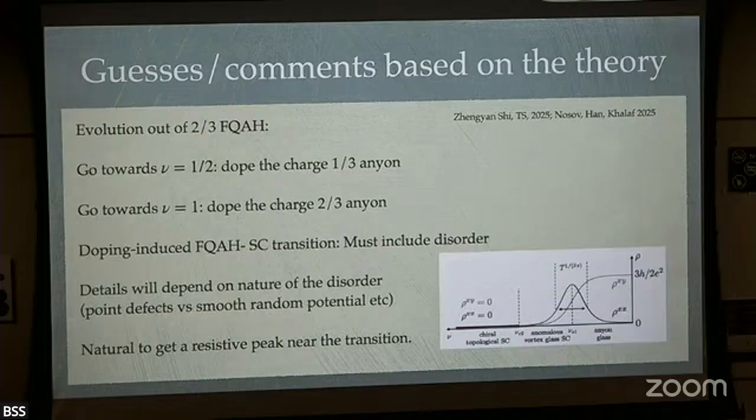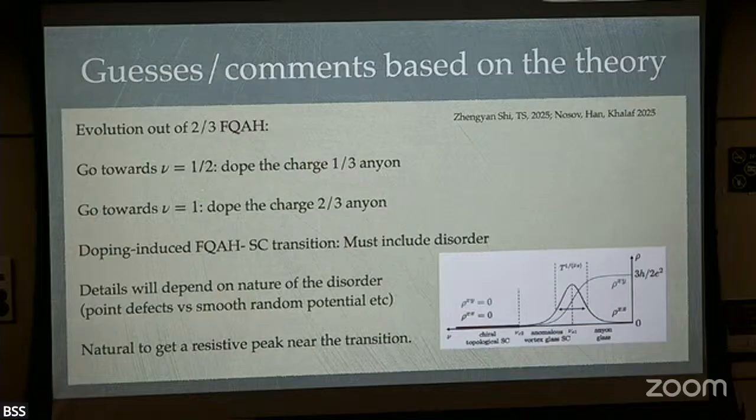So we can make some intelligent guesses based on what we know from the theory that I told you about. I mean, let's see whether we can accommodate what's seen in experiments on the basis of this theoretical framework that we have, whether or not it's the right theory, right? So a couple of papers by us and by Nosov, Han, and Khalaf at the same time made these guesses.